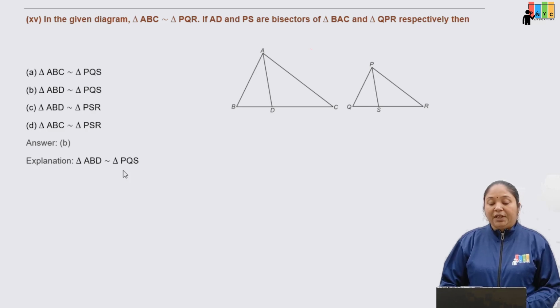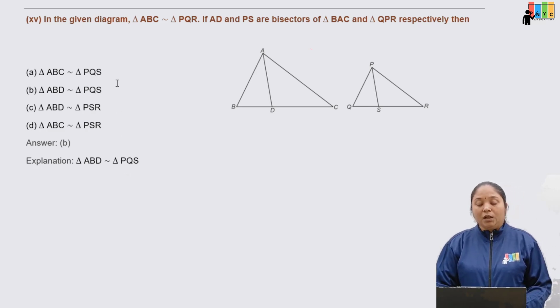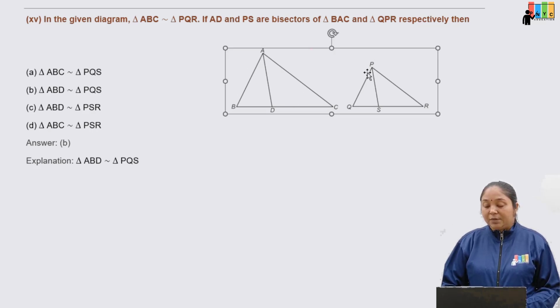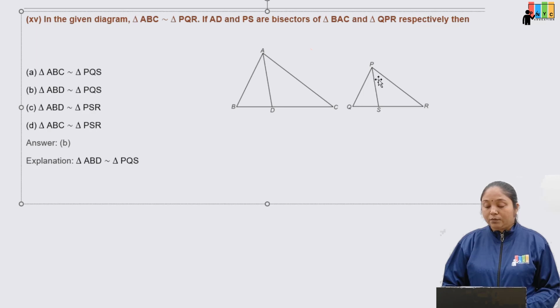Now the 15th question. In the given diagram, triangle ABC is similar to triangle PQR.